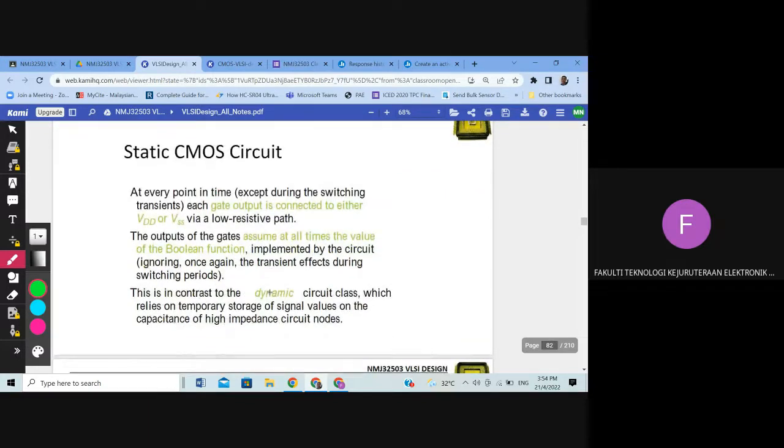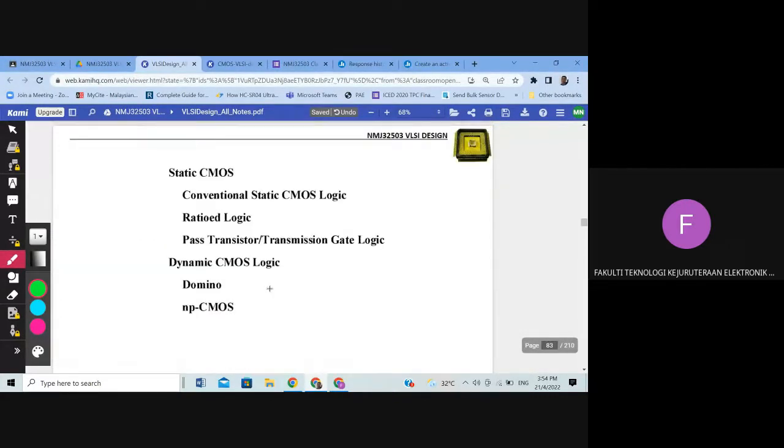So we have static circuits and also dynamic circuits. These have been discussed in your digital two, where you learn static CMOS circuits and dynamic CMOS circuits. What is static? What is dynamic?